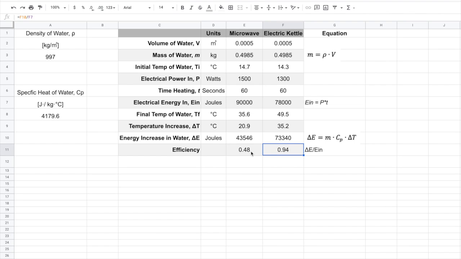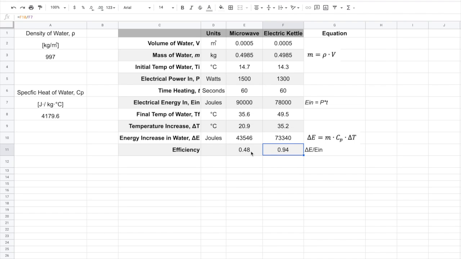That's one thing that happens when you pass current through a resistor, is that it generates heat. So just purely based on efficiency, you can see here that the microwave is not the way to go, and the electric kettle works pretty well. It's pretty efficient in terms of generating heat from electrical energy.